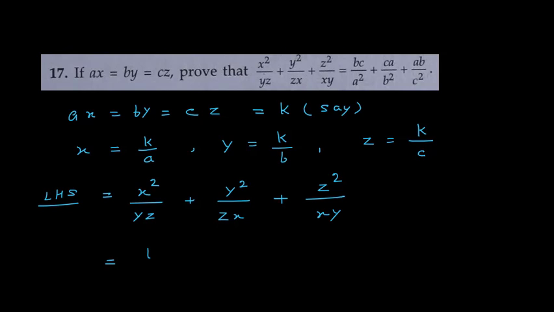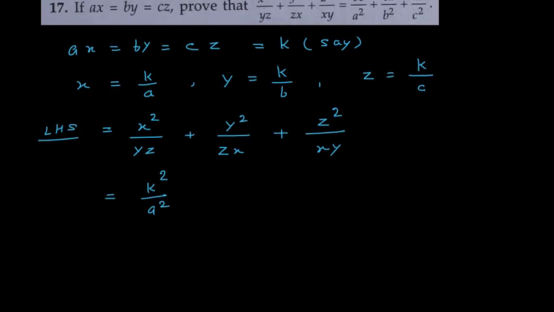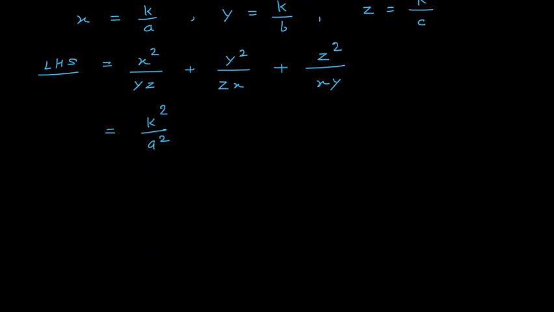So this will become k²/a², and this divided by yz. As this is in ratio, so better I will use this symbol. Divide by yz, y can be written as k divided by b into z can be written as k divided by c.